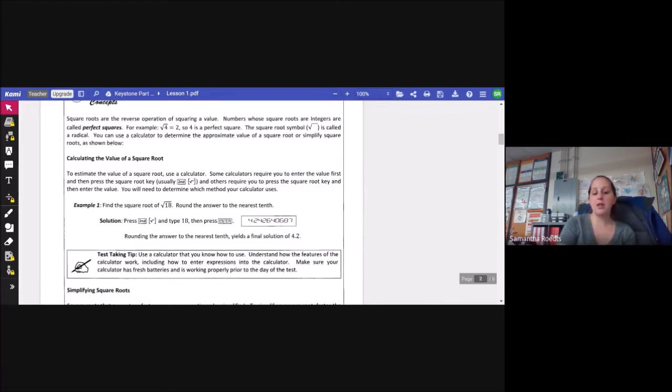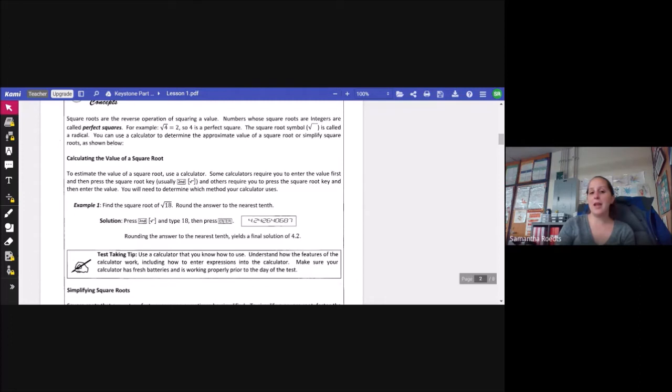So when I find the square root of 18, I round to the nearest tenth. I press second, square root, and type 18, and then I press enter. So I get 4.24264068, and it's going to keep going because it's an irrational number.